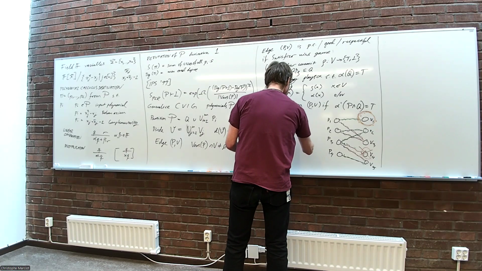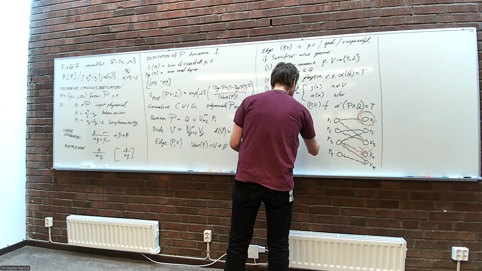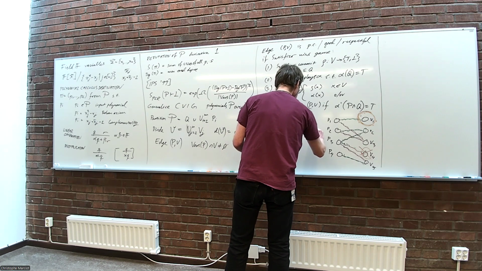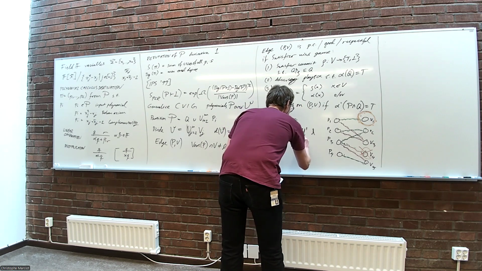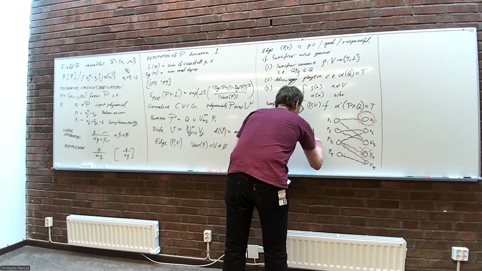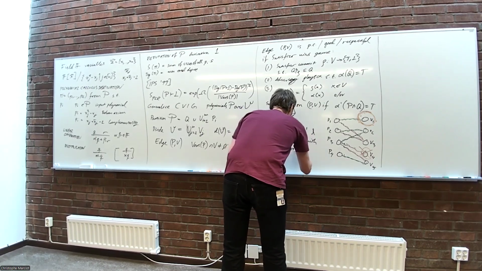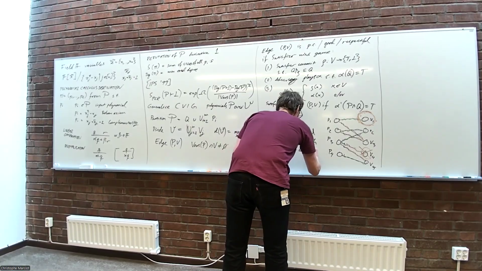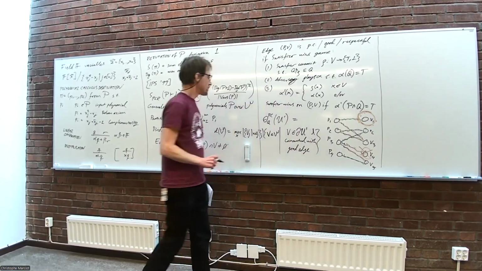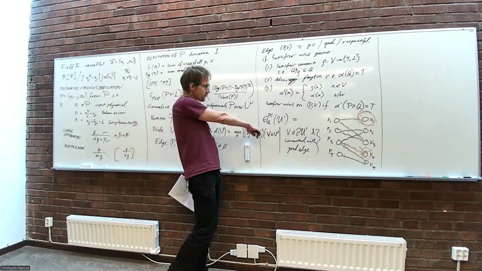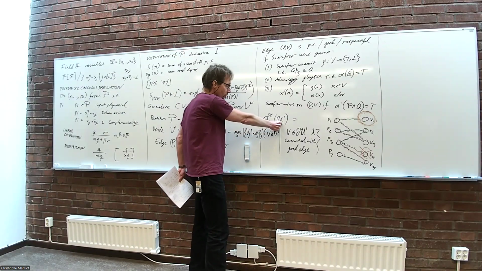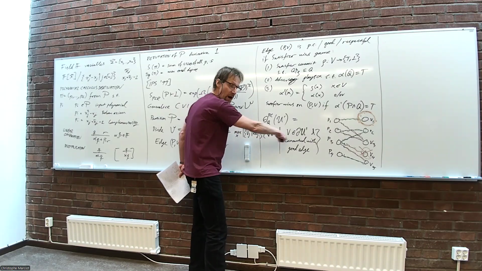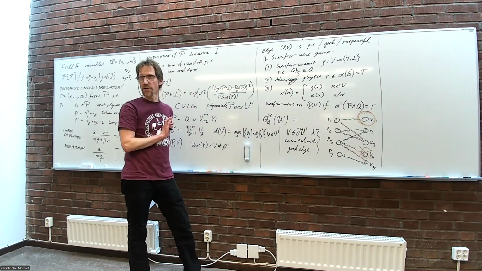V is in the standard boundary of U prime, and it is also connected with a good edge. And then I say that a PC expander is a graph such that whenever this set is not too large, this boundary is somewhat large.